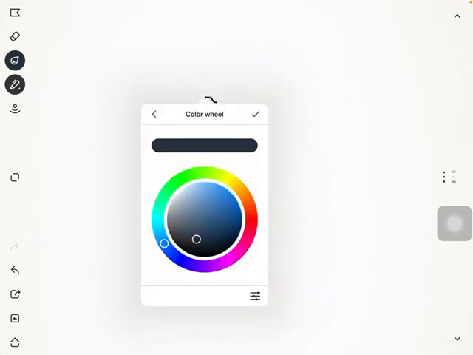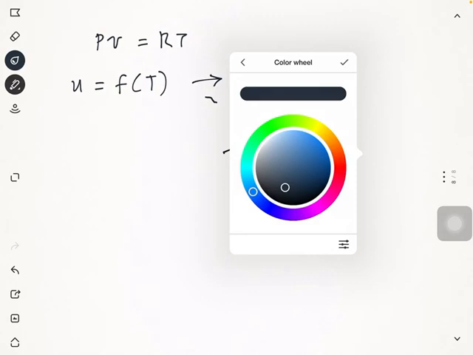Okay, let's now proceed to the ideal gas, wherein we have the equation of state, PV equals RT. So in the ideal gas, the internal energy is a function of temperature, and so is the enthalpy.